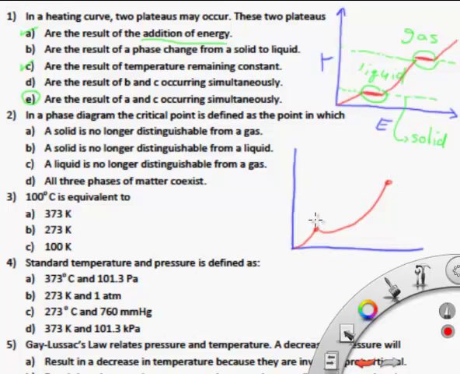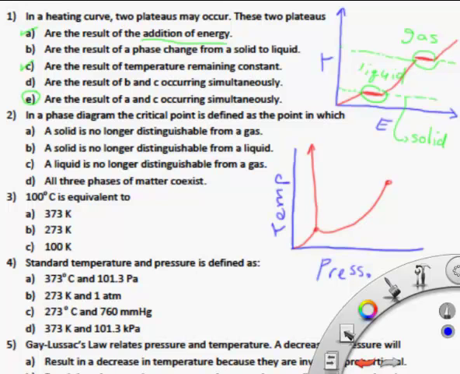And then this guy is going to be a relatively straight line extending on forever. What are my axes? Well, here we'll have the pressure. And here we'll have temp.